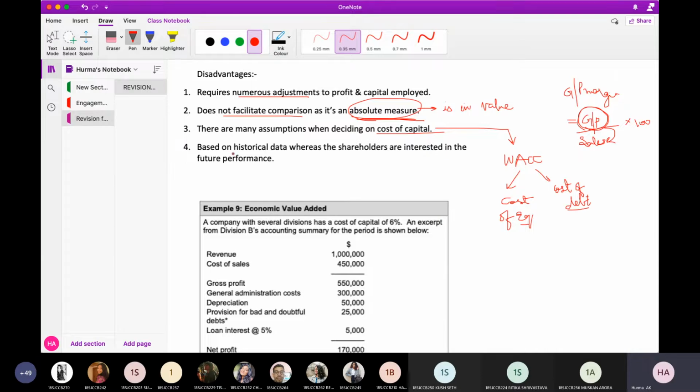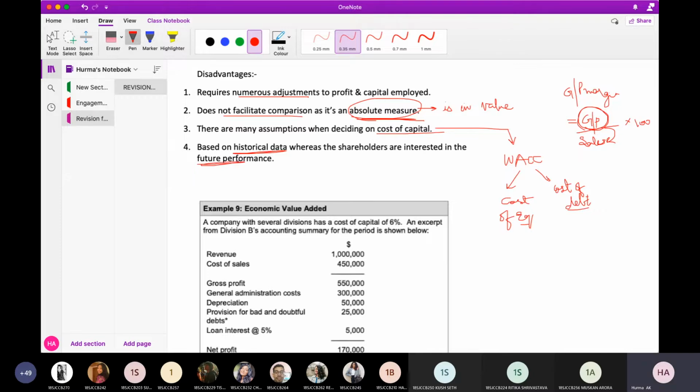Plus, another important thing, this is a common disadvantage for all sorts of financial KPIs, that all these financial KPIs are based on historical data. It's all based on past data, whereas the shareholders are more interested to know how the company is going to perform in future.